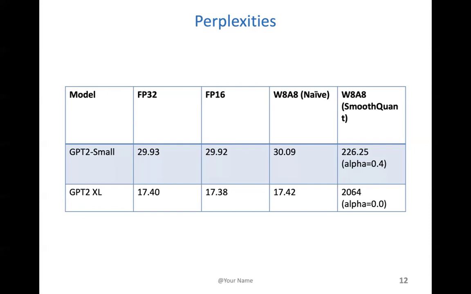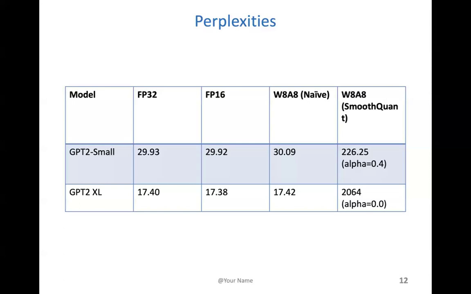Once I quantized it using the weight 8 activation 8 quantization method, the perplexity increased a bit. This was aligned with the research results they had in the original paper. So for the GPT-2 small model, it increased from 29.92 to 30. And for the extra large model, it increased from 17.38 to 17.42. It was not a large increase.